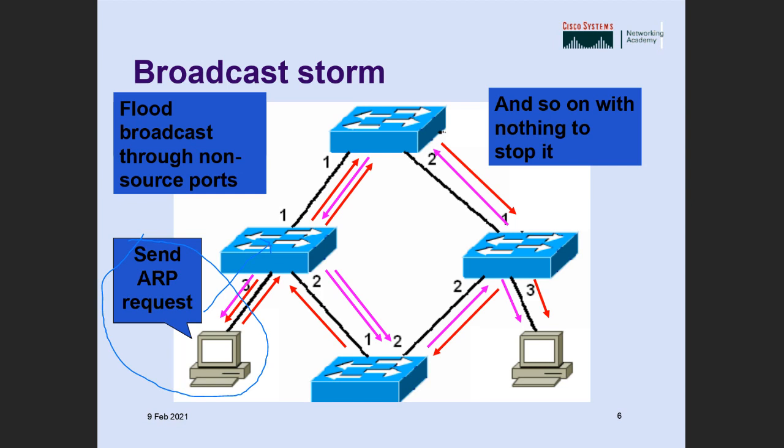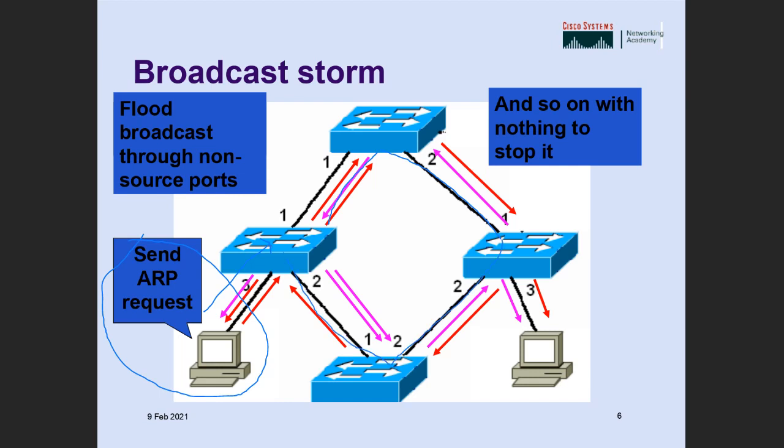So here we have 4 switches connected together for redundancy. If any one of these wires fails, we would still have a connection. And so the broadcast is flooded up to the switch at the 12 o'clock position. And then he floods it back to the switch at the 3 o'clock position, and then back to the switch at the 6 o'clock position, and then he floods it back.